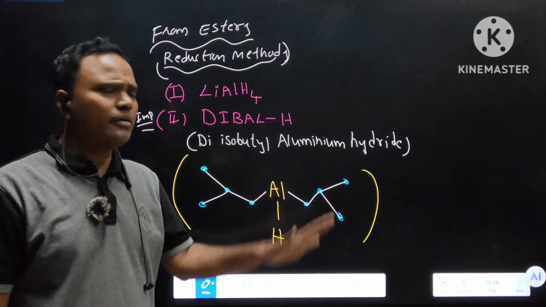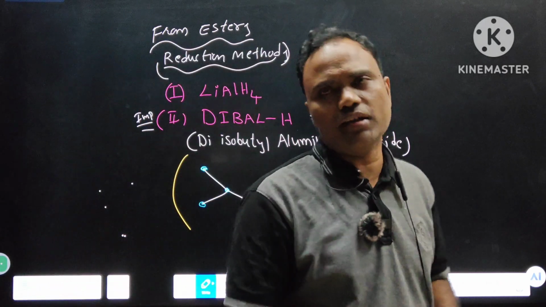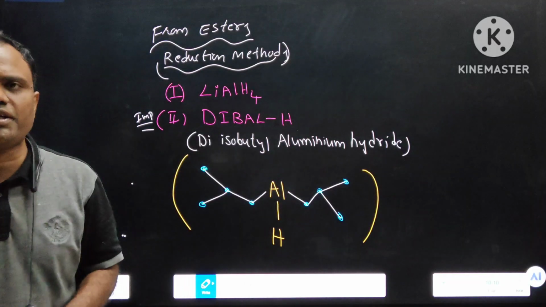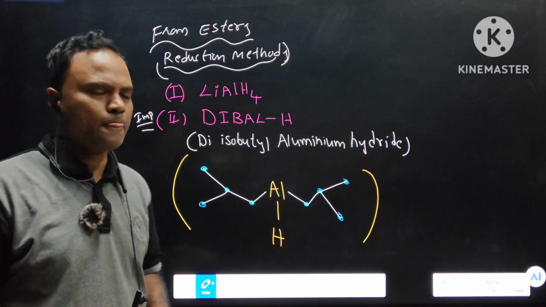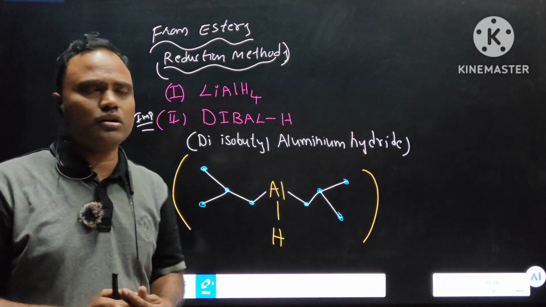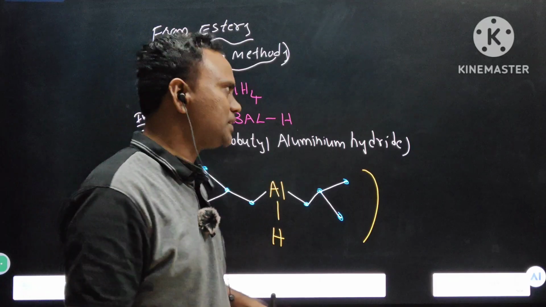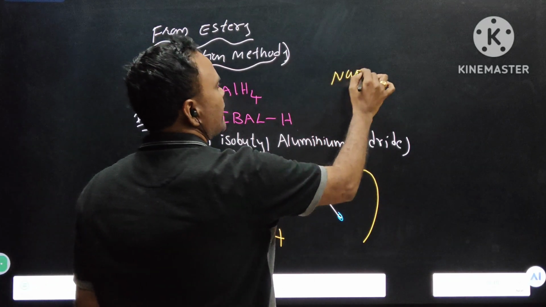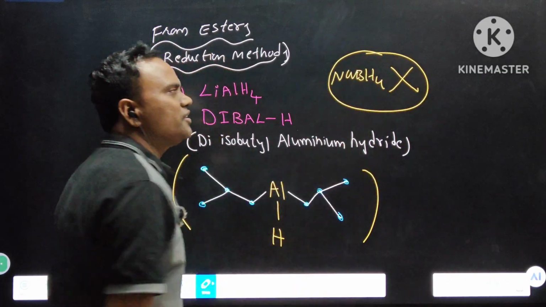Generally abbreviated as DIBAL-H, the most important reagent. DIBAL-H, diisobutyl aluminum hydride, is particularly used to reduce esters. Lithium aluminum hydride can reduce esters to alcohols. DIBAL-H can reduce esters to alcohols, but sodium borohydride does not reduce esters because it is a weak reducing agent.